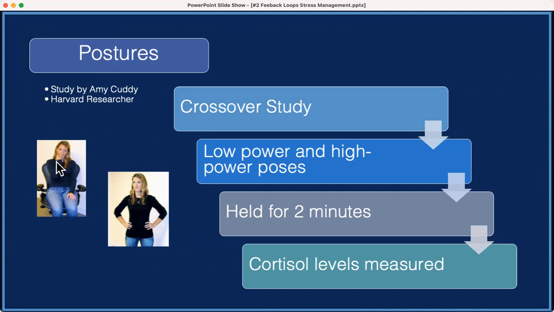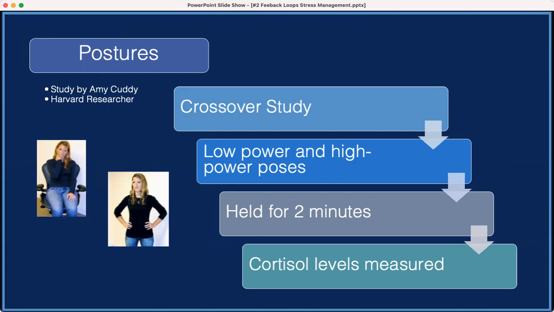This is really typical of women, putting your hand at your neck, like almost protecting your neck from a predator, getting very small, sitting, being small. And then the other posture, a high power pose, is standing tall like Wonder Woman.